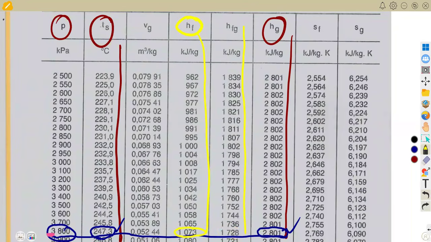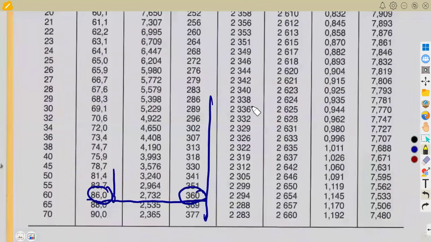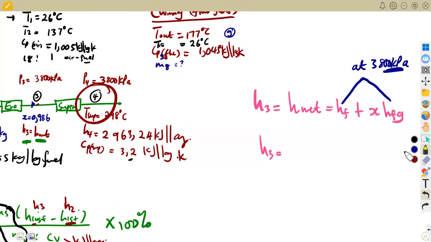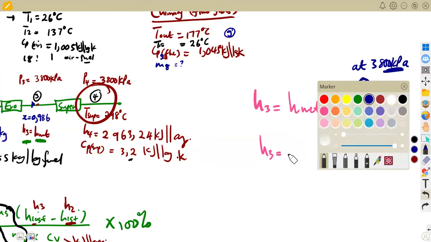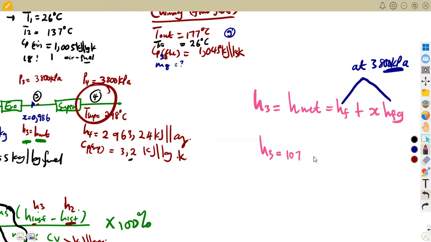All right, so these are the values that we need, and they are in kilojoules per kilogram. So that's our HF. It was 1,073. So we are going to have 1,073 plus X, which is our dryness fraction, 0.986, times HFG, which we saw there, it was 1,728.